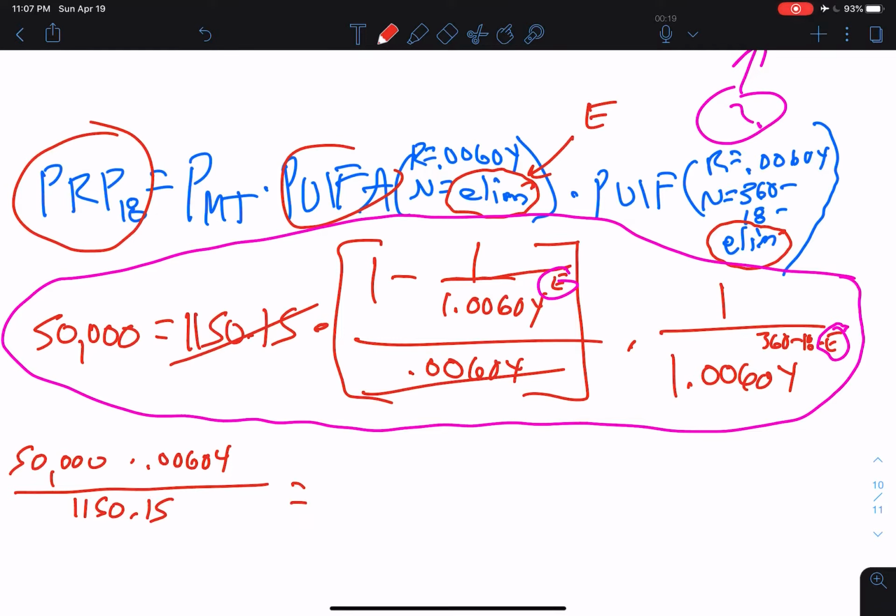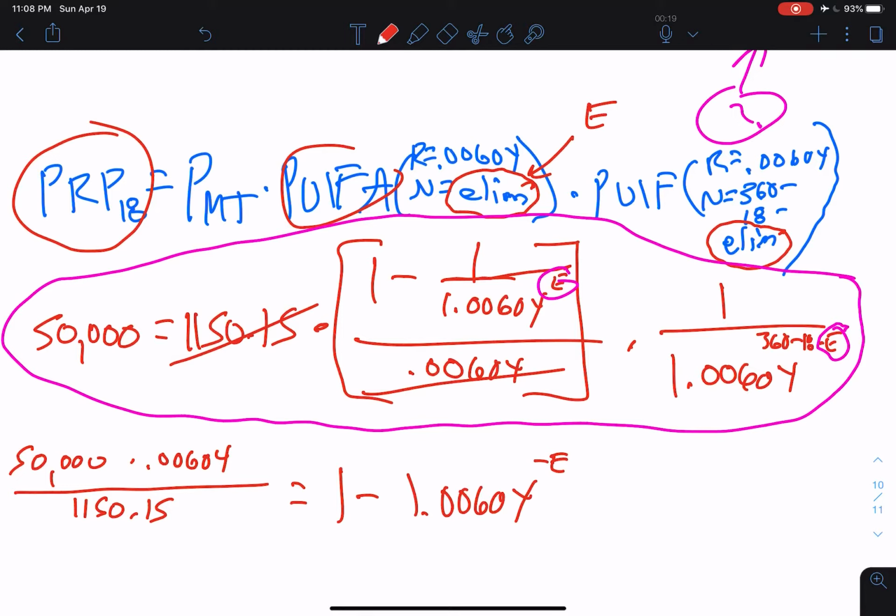And then on the right-hand side, the numerator here, I'm just going to write it a little different. I'm going to write it 1 minus 1.00604 to the minus E power. Just a little mathematical notation. It ends up being convenient. It'll help us.